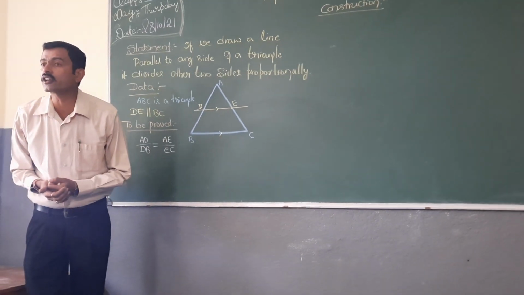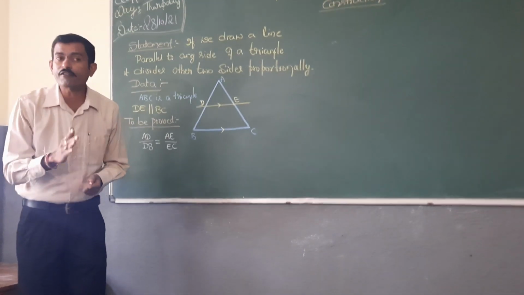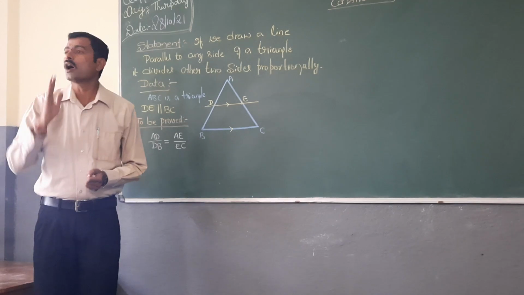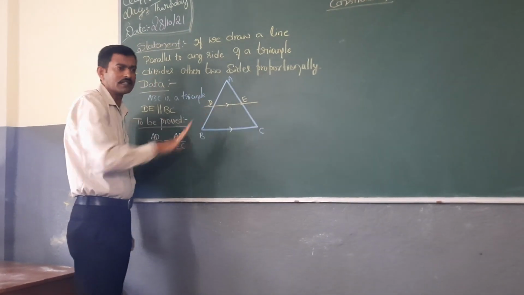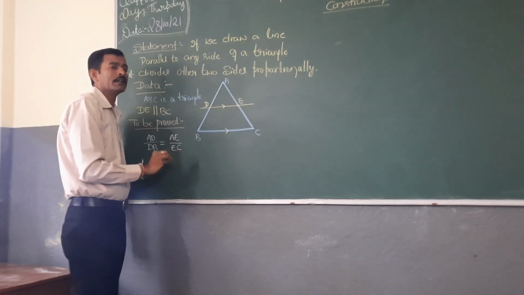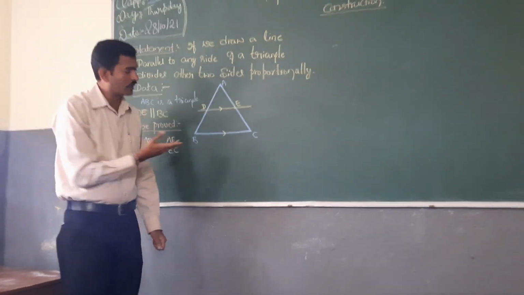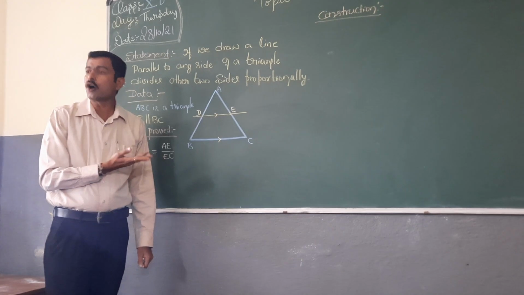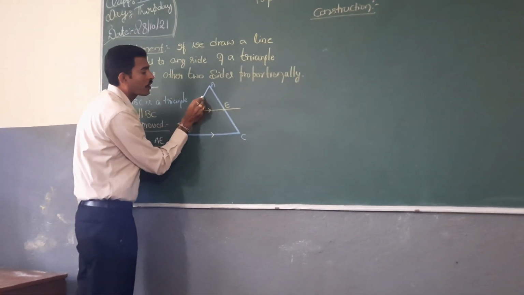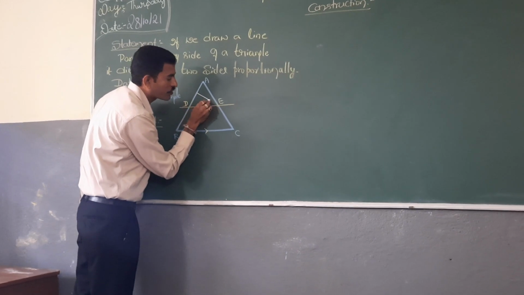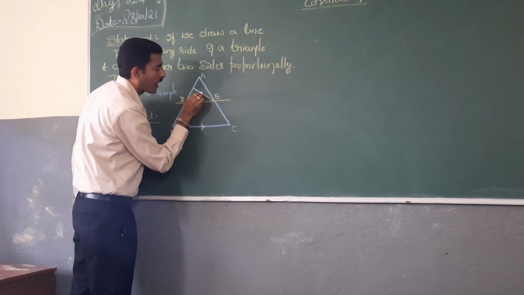What is the area of a triangle? Half into base into height. Children, here many lines are there. Is any one line perpendicular? Is there any 90 degree? No. So what you do, children, first in construction you draw a perpendicular line.